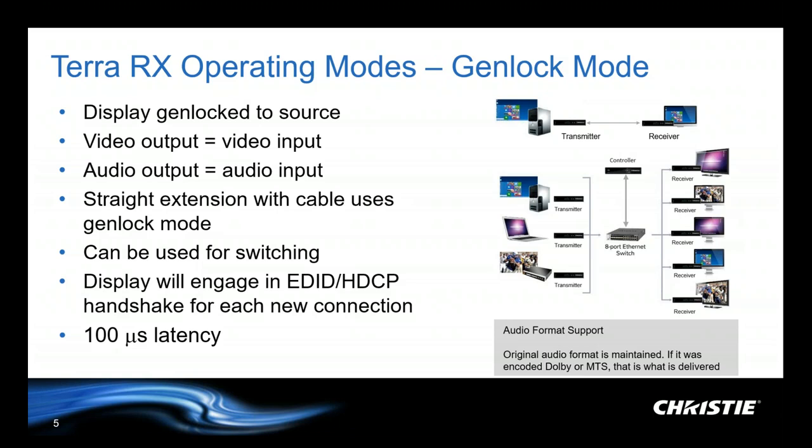Although when you do switch a source on a receiver in Genlock mode, it's going to drop the source. It's going to unsubscribe from the source before subscribing to a new one, so it is going to go through a black. But what you put into the transmitter will always come out at the other end on the receiver. So this is like an extension mode, but you can use the switch as the matrix switcher in that extension mode. I hope that's clear for everyone.